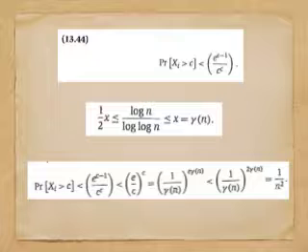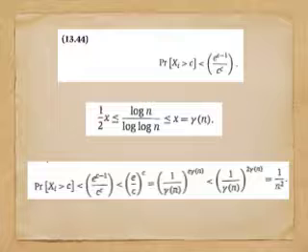And using this to divide through the equation x log x is equal to log n, we get 1/2 times x is less than or equal to log n divided by log log n, which is less than or equal to x, which is equal to gamma of n. Thus, gamma of n is equal to theta of log n divided by log log n.